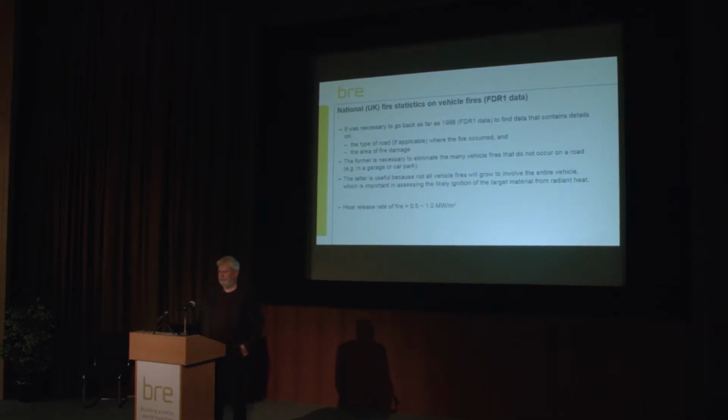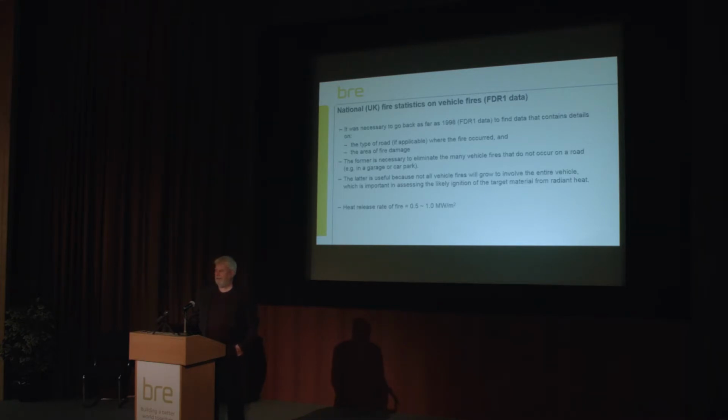If we looked at national UK stats, so I had to go back a bit in time to get data here. So preceding the IRS, there was what was known as the FDR1 forms.